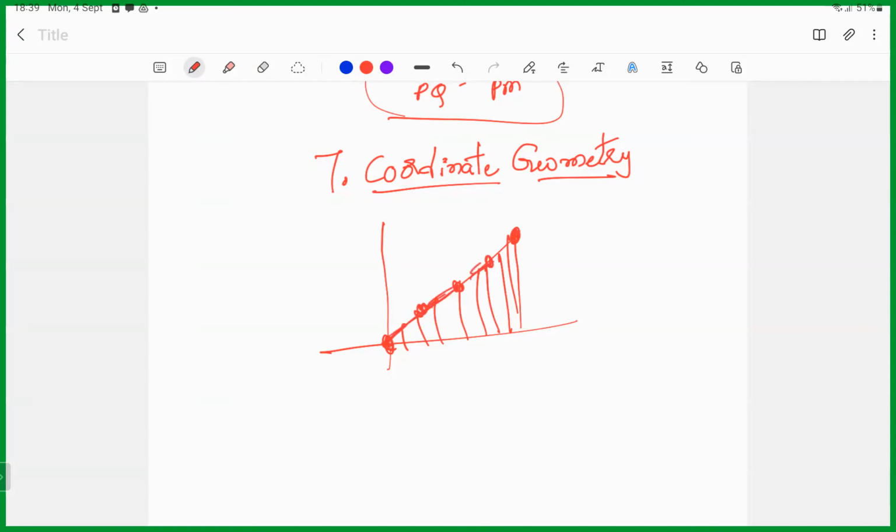Metry means measurement. So using this coordinate geometry, we can do some measurements, right? It can be finding the length, or the distance, or the area.